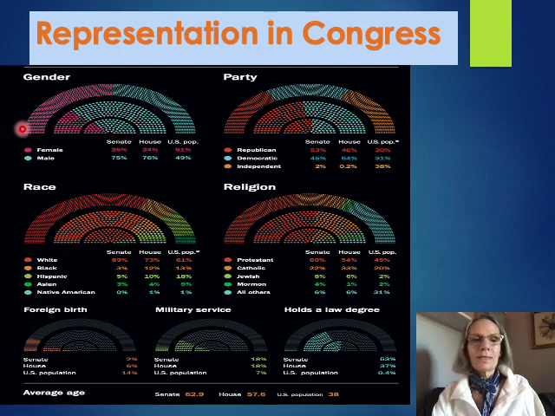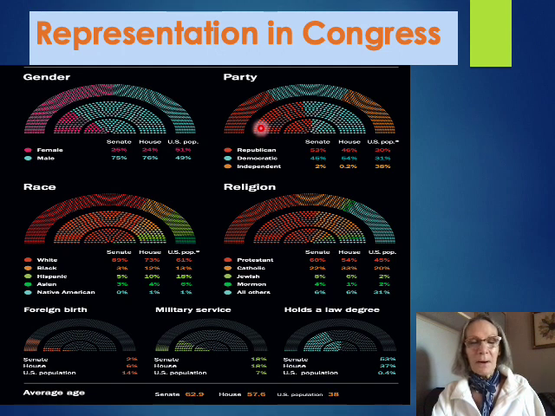So let's first start with party. This is the party makeup of the general population of the United States: less than a third Republican, about a third Democrats, and about a third independents. So about a third each.